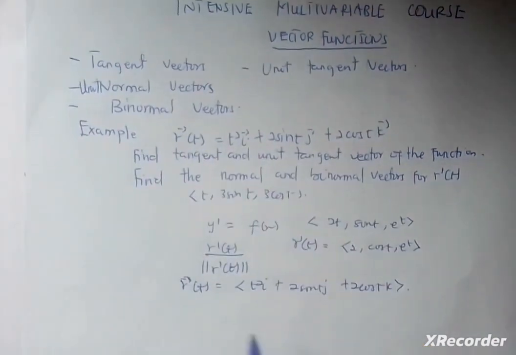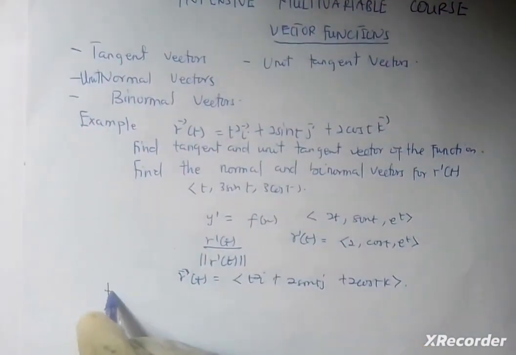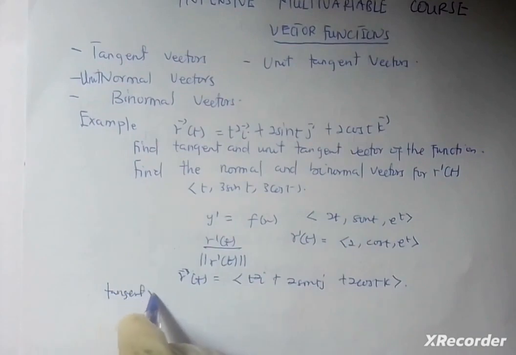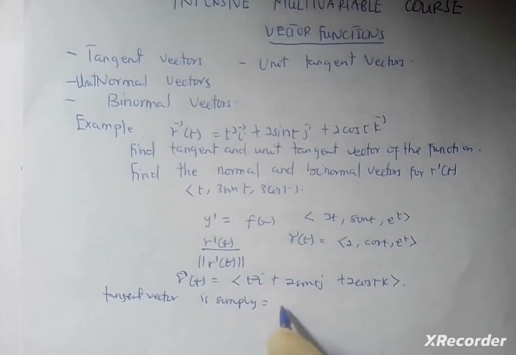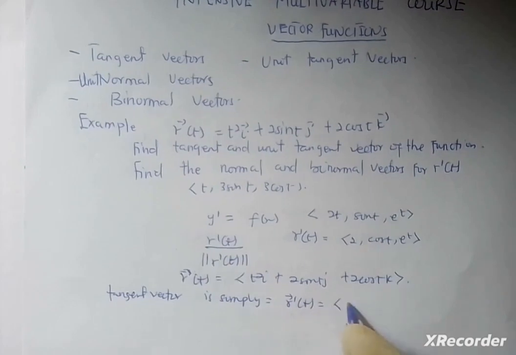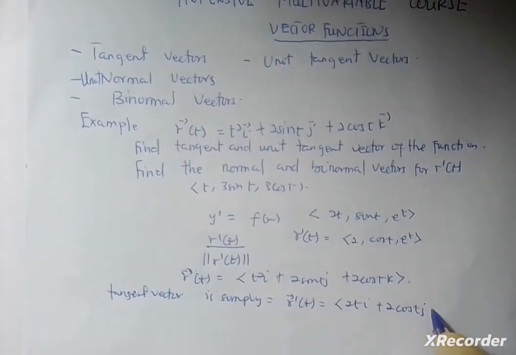So my tangent vector is simply equal to r prime of t, which is equal to 2t i plus 2 cos t j minus 2 sine t k. That gives me my tangent vector.